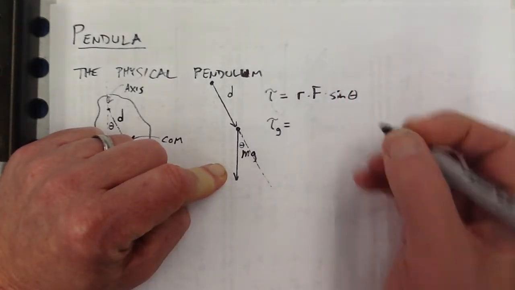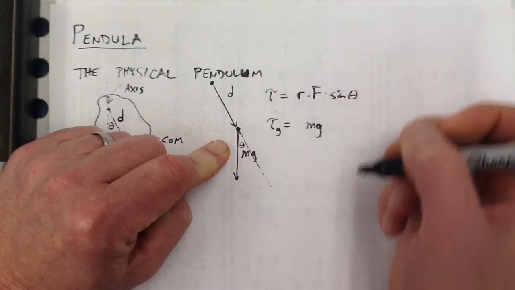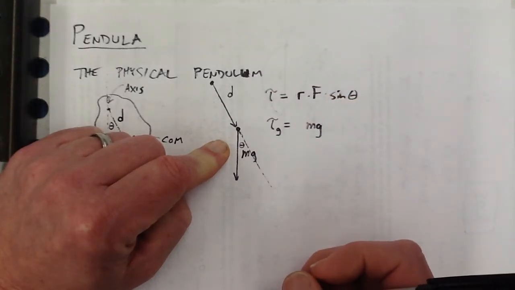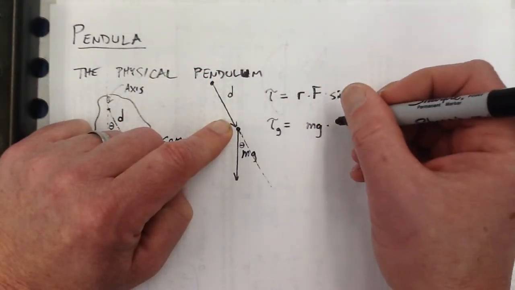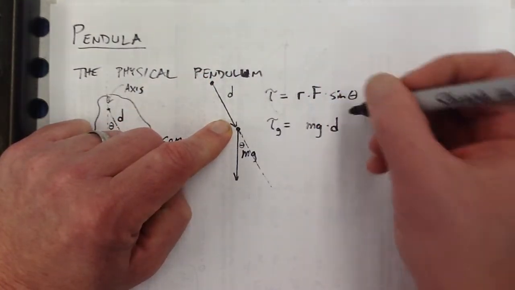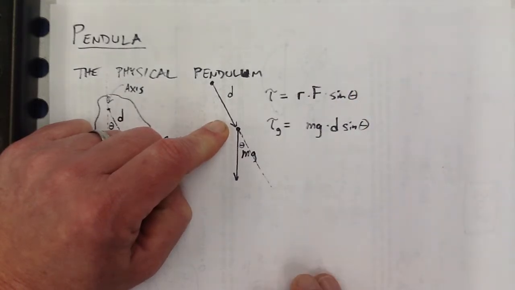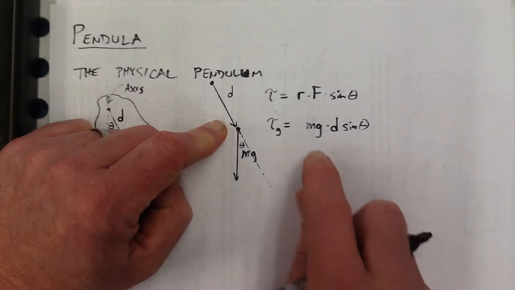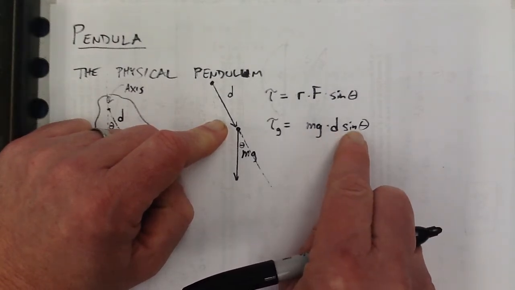So here that's going to be mg, that's my force here, times d, that's my r, times the sine of theta, right? That's my force times radius times the sine of the angle between them.